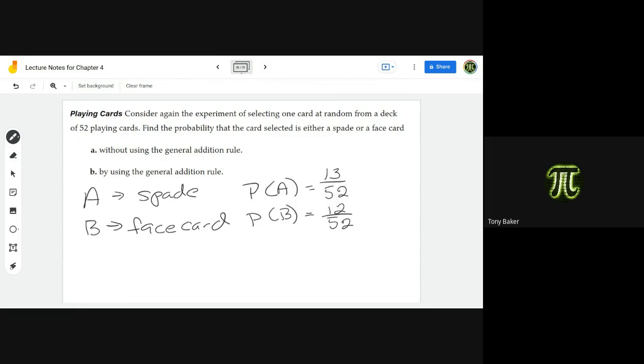Mutually exclusive? No. Okay, so there's overlap. So what's the probability of A and B? So what's the probability that's a face card that's a spade? 3 out of 52. Okay.